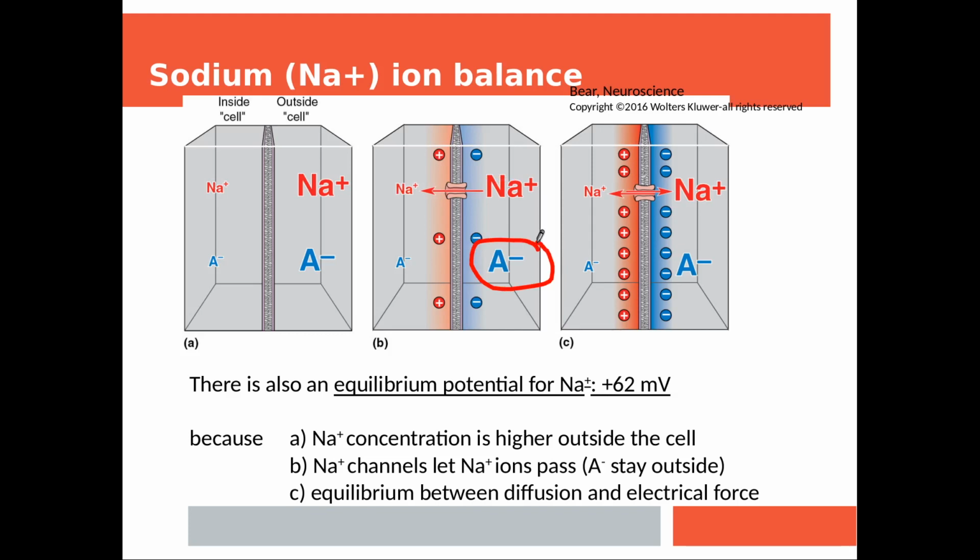And there's other things outside here like chloride. There's chloride and stuff like that out here. And these are basically small special channels that only let sodium go through, or just general leakage channels also.